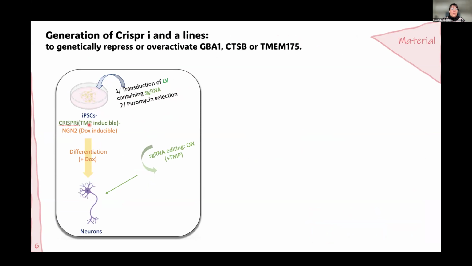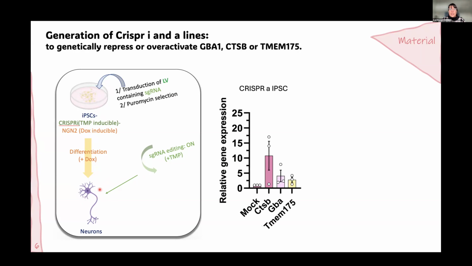Then using the NGN2 inducible transcription factor, we force the differentiation into neurons, which is quicker than the other models. And then by adding the TMP, we can generate the CRISPR-A or the CRISPR-I of our gene of interest.